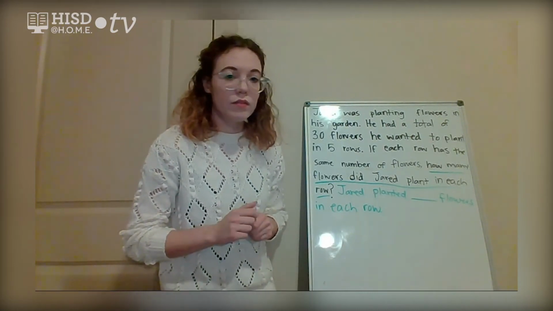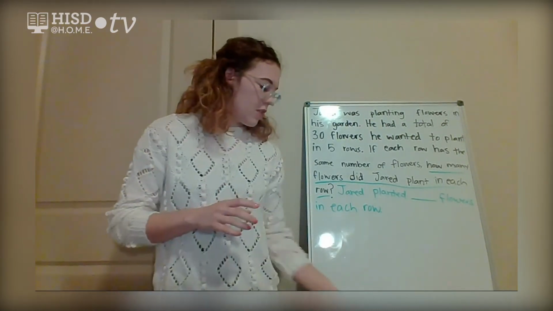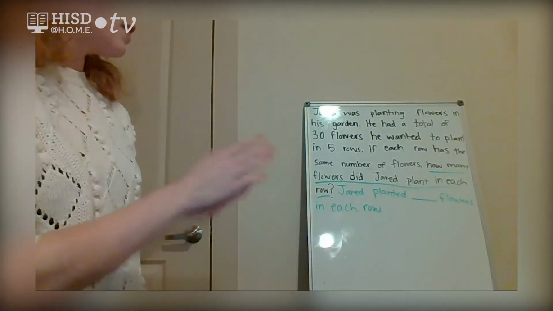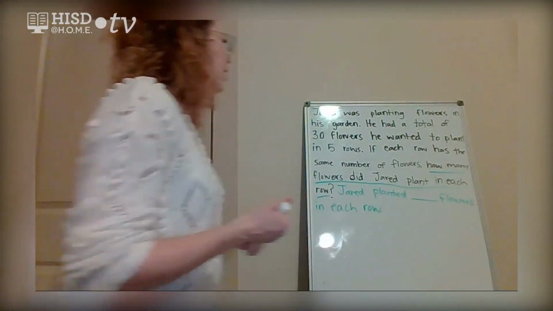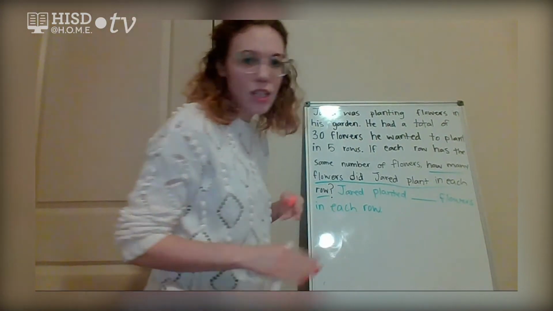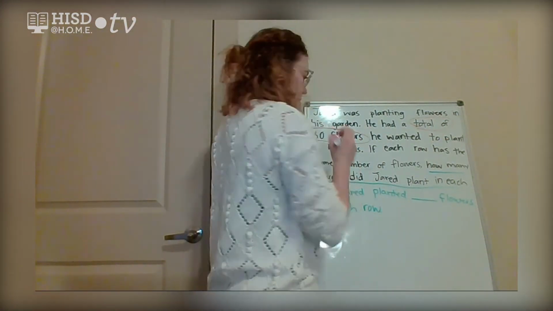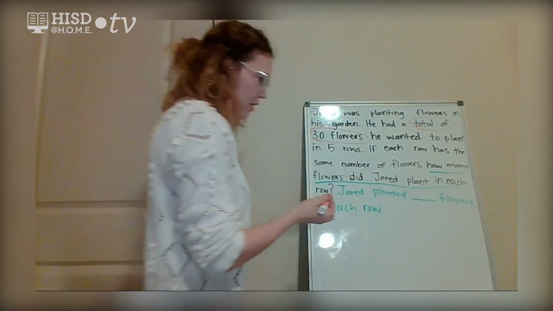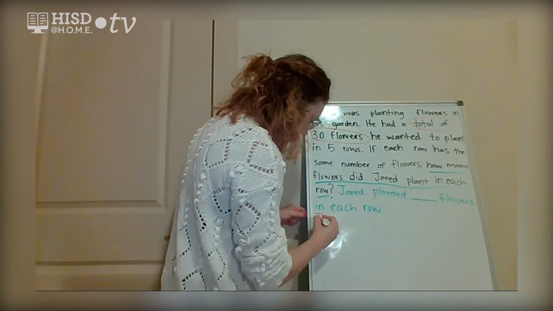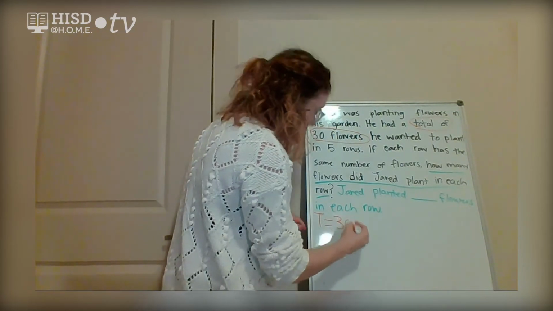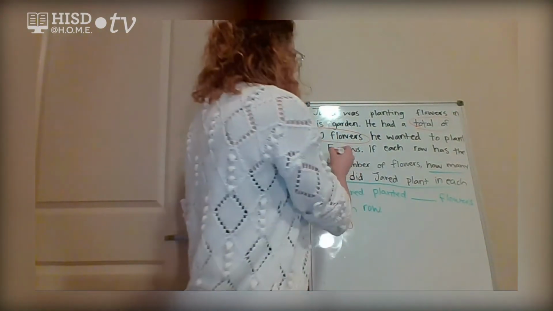All right, so now let's look at this problem and get out the important information. Jared was planting flowers in his garden. He had a total of 30 flowers. It gives us part of that right now. It tells us the total is 30 flowers. He wanted to plant 5 rows.